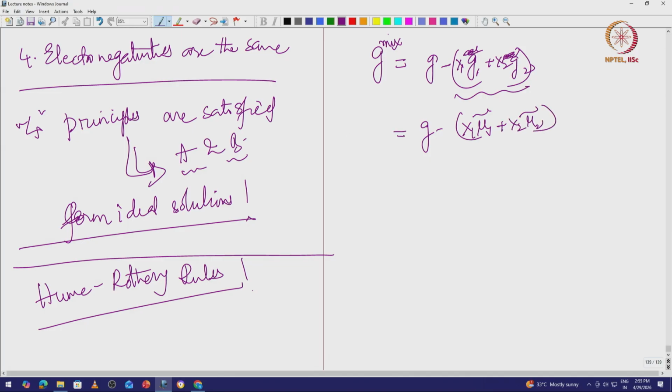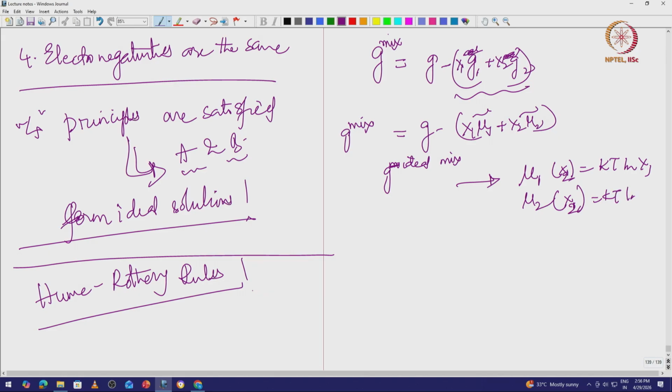So, that is G mix, and this G ideal mix comes when mu 1 of x 1 is just kT ln x 1 and mu 2 is dependent on x 2, kT ln x 2. So, this is an ideal solution.